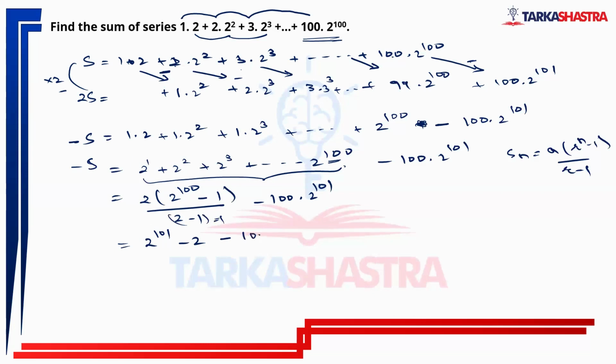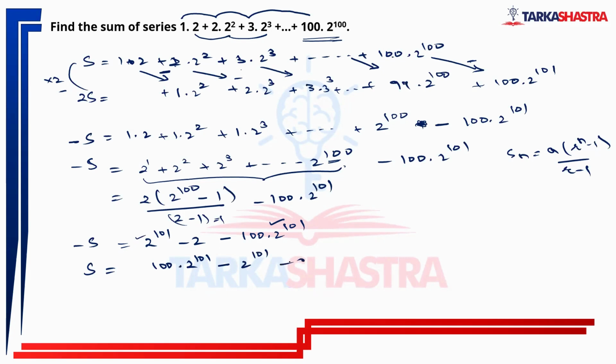So minus 100 into 2 raised to 101. But this is minus S. For that, we have to convert it into plus S. So plus S will become 100 into 2 raised to 101. This term will become positive. This term will become negative, minus 2 raised to 101.